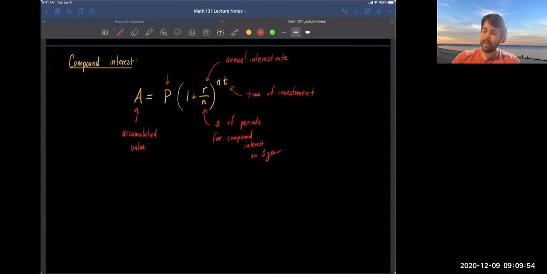And p represents the principal amount. And this is the formula. And what's going to be important to know is certain vocab. So, vocab for compound interest.